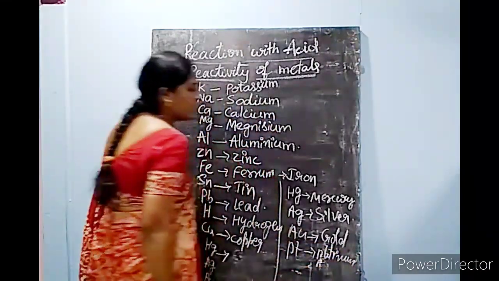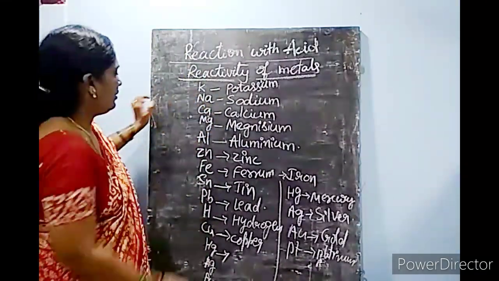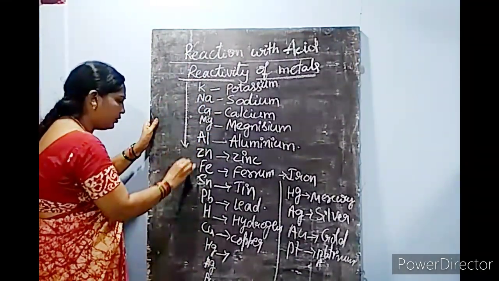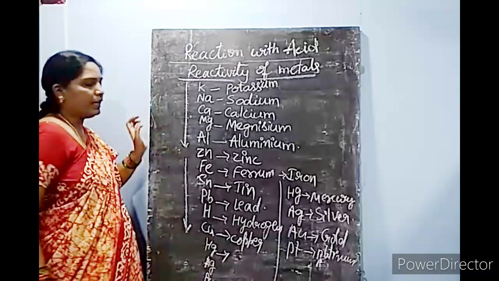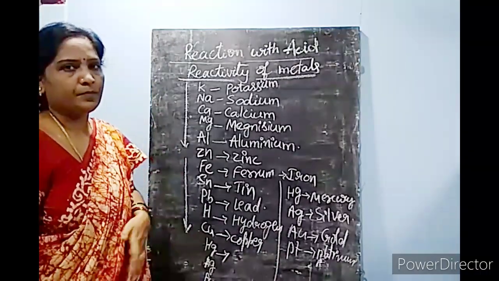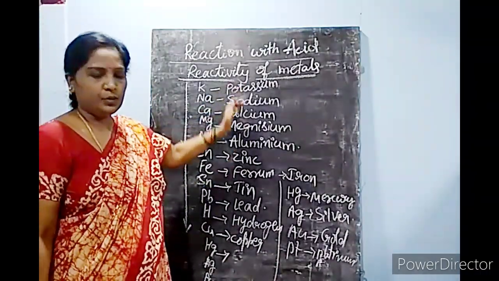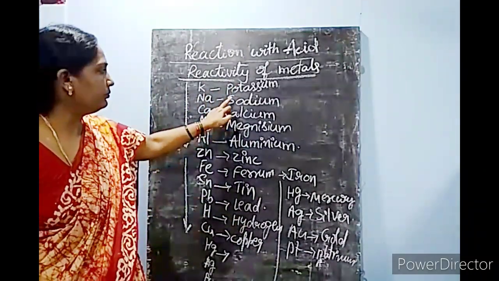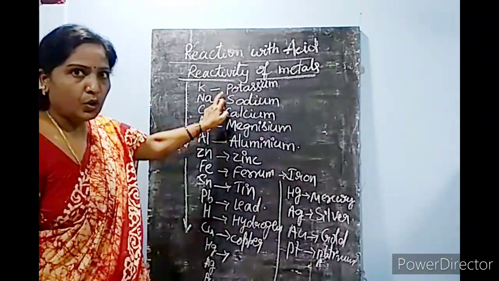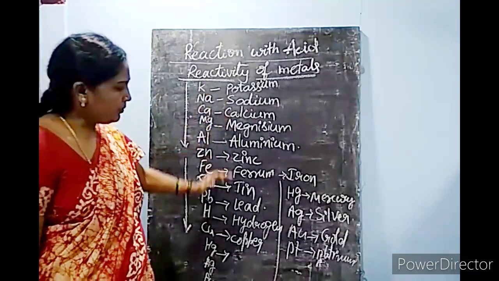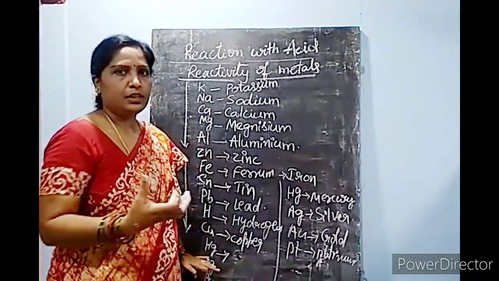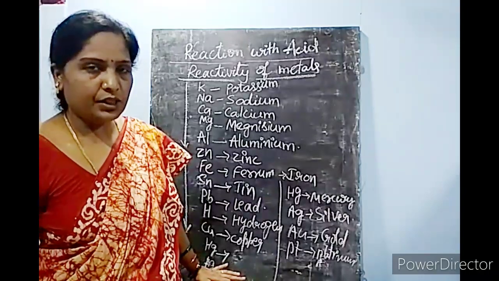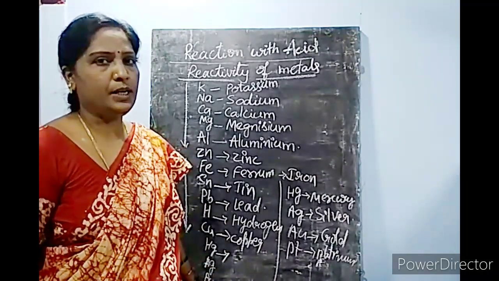So in this way, when the metals come down like this, the reactivity decreases. The first metal in this list has the highest reactivity. When it comes down in this table, the reactivity comes down slowly.